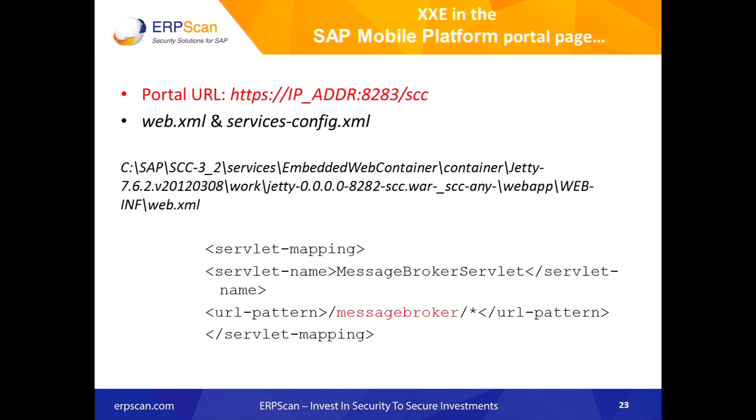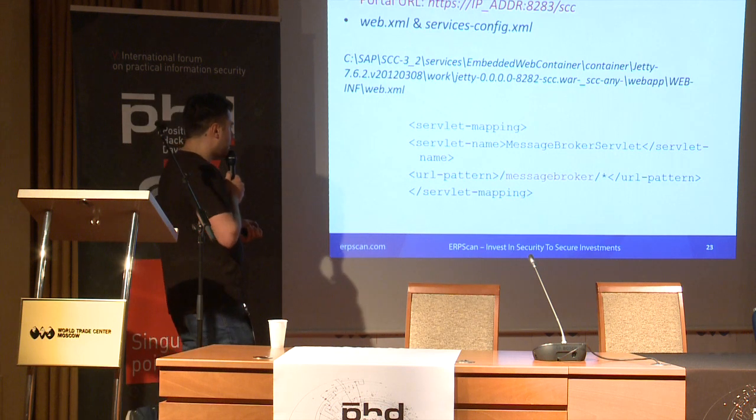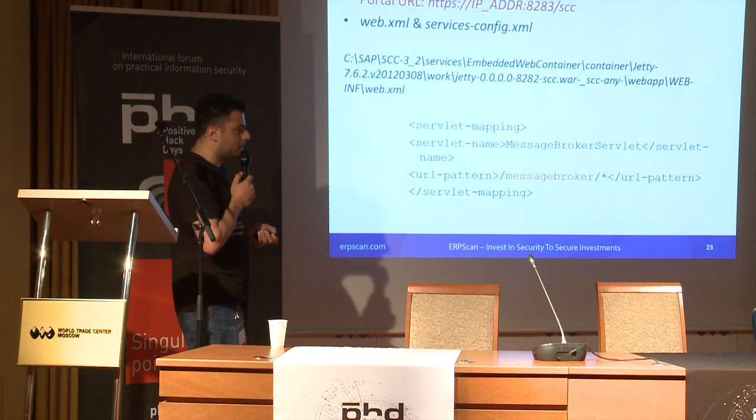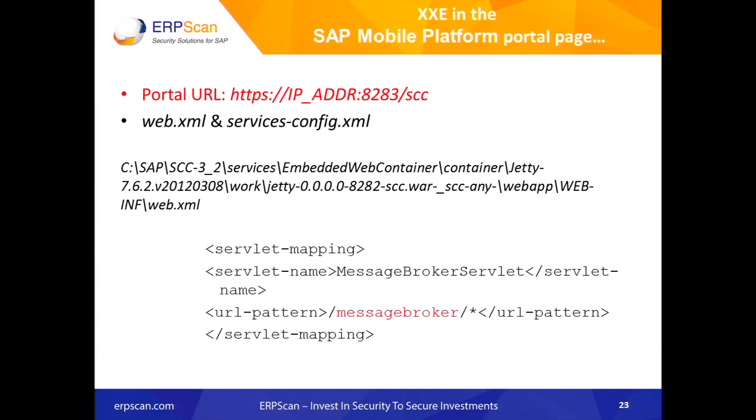And we know that SAP Mobile Platform 2.3 uses a container for servlets, which is Java-based Jetty. So we discovered this XML file which contains this particular record, and you can see that it has the message broker servlet whose address is not completely specified.